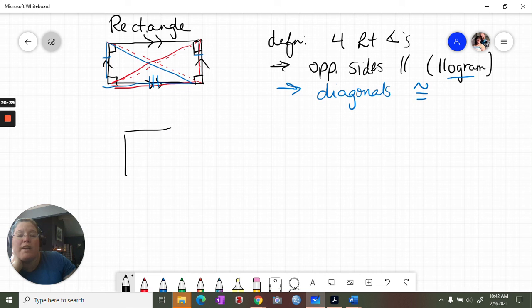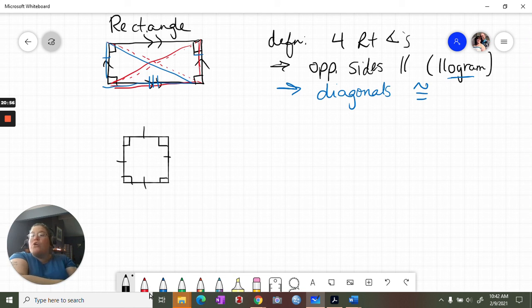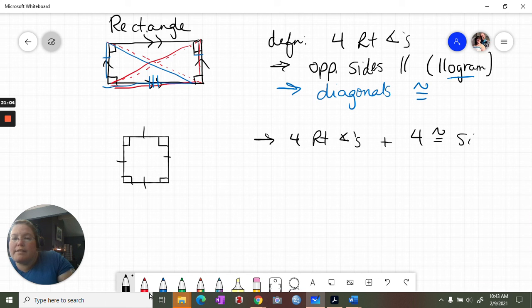What changes for a square? Well, that's a terrible square. All right. For a square, not only does it have the 4 right angles, but it also has the 4 equal sides. So what's cool about a square, it has 4 right angles plus 4 congruent sides.